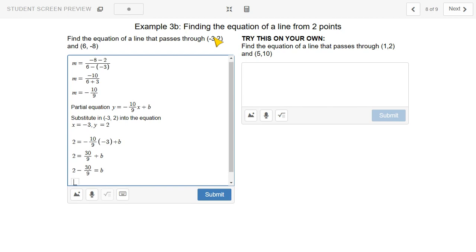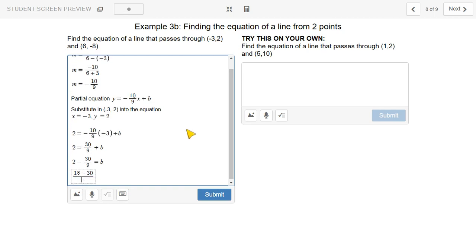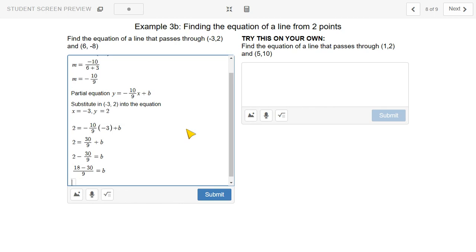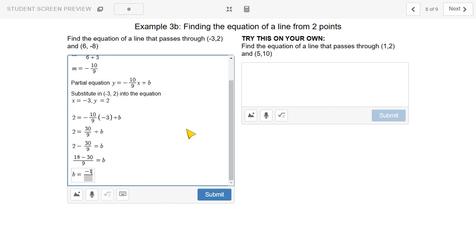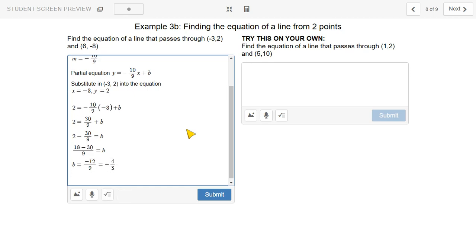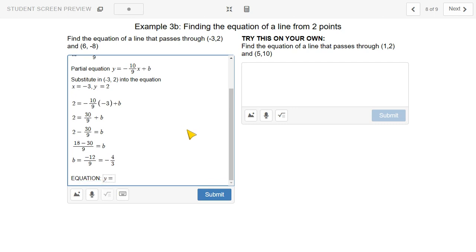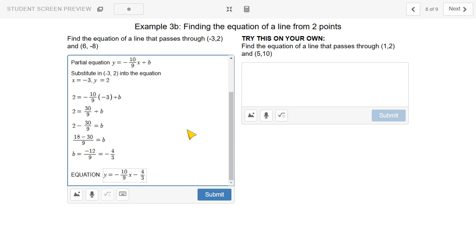Let's get common denominators of 9. 18 minus 30 over 9 is equal to b. And finally, we have b is equal to negative 12 over 9 or negative 4 over 3. So the equation, we have y is equal to negative 10 over 9x minus 4 over 3. Pause the video now. Let's try these questions on your own.